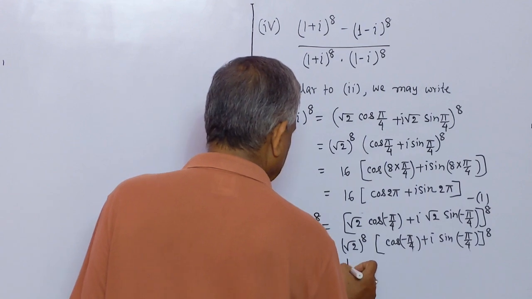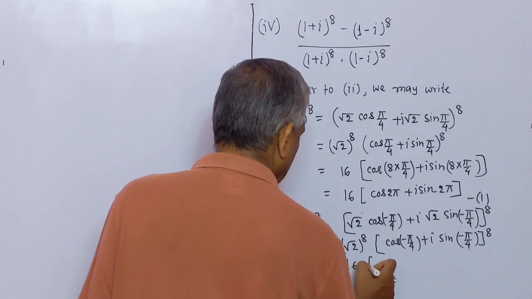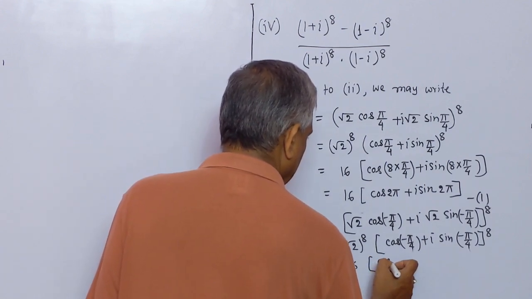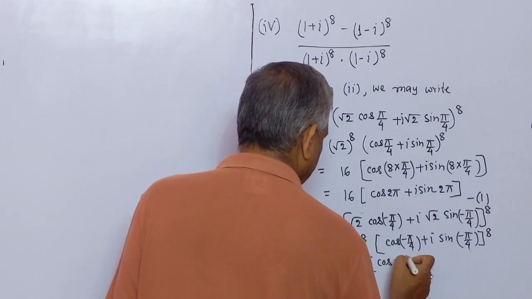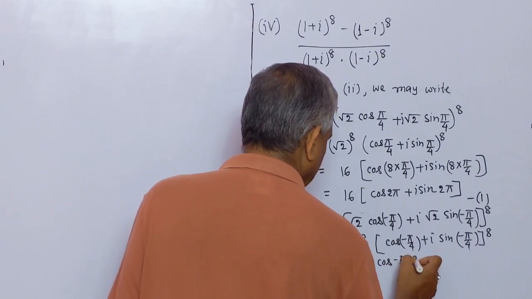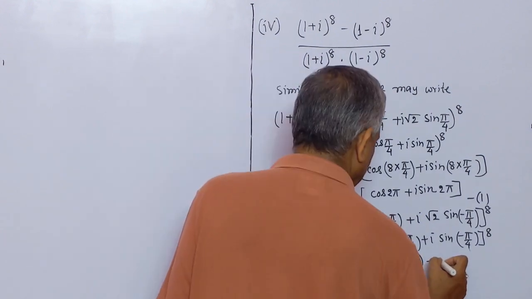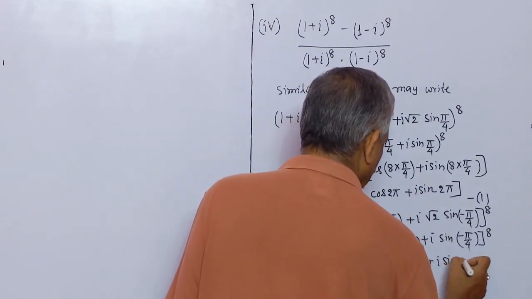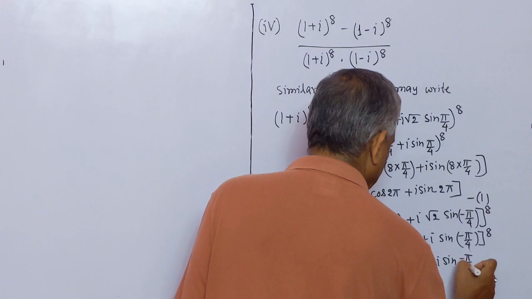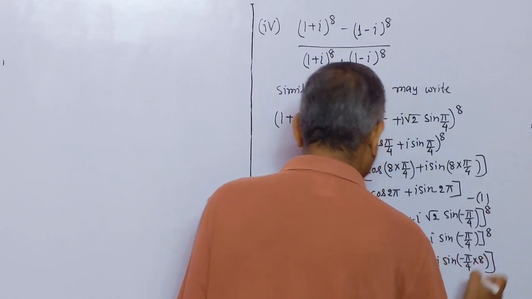This is equal to 16 cos minus pi by 4 multiplied by 8 plus I sin minus pi by 4 multiplied by 8, by using De Moivre's theorem.